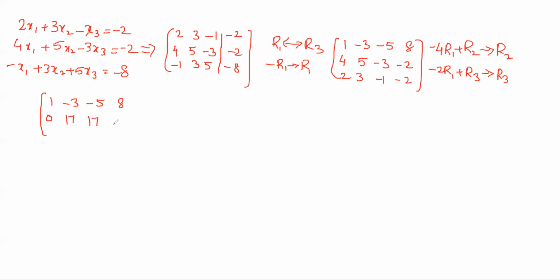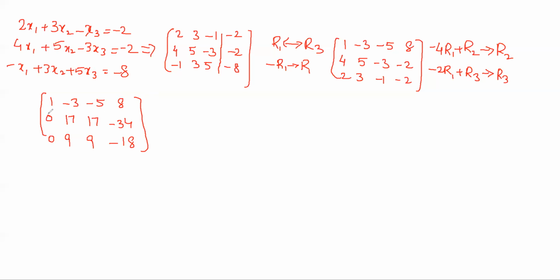So it will be minus 34, and then minus 2 plus 2 is 0, and then 6 plus 3 is 9, and then 10 minus 1 is 9, and then minus 16 minus 2 is minus 18. And this is the difficult part, these calculations. Here the computer works well in this case.